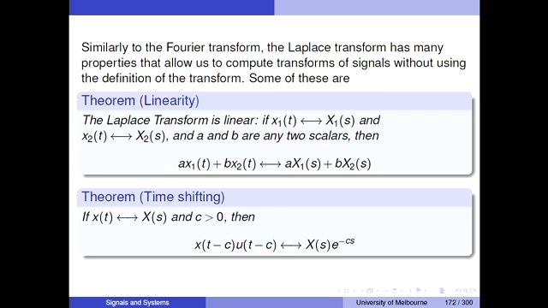Okay. So we also talk about transformations, these properties of the Laplace transform. These properties are very, very similar to the Fourier transform, because if you take s equal to jω, if the Fourier transform is well defined, you can recover almost everything.